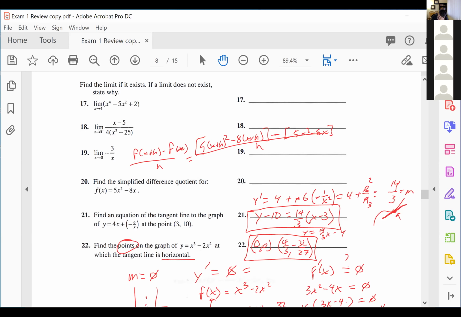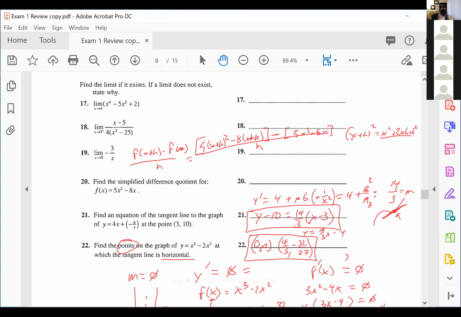So I'm going to multiply this x plus h squared out. x plus h squared equals x squared plus 2xh plus h squared. So keep that in mind. And I'm just going to distribute the 5 on that.